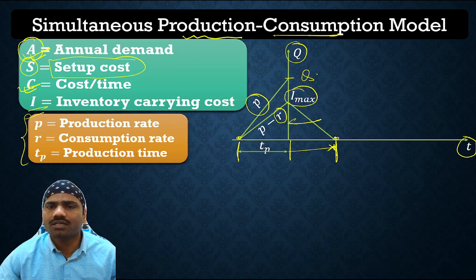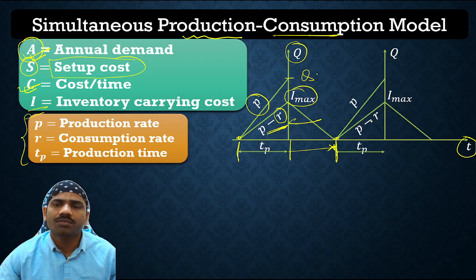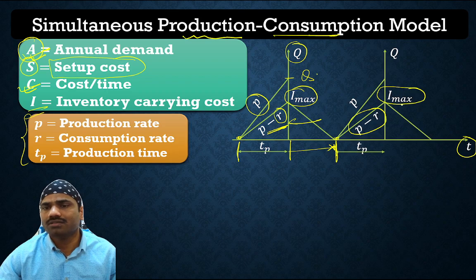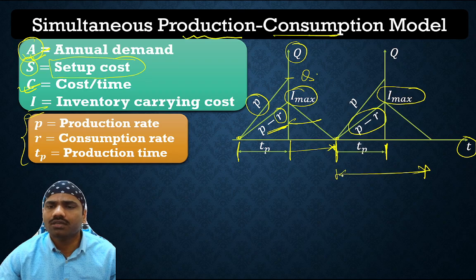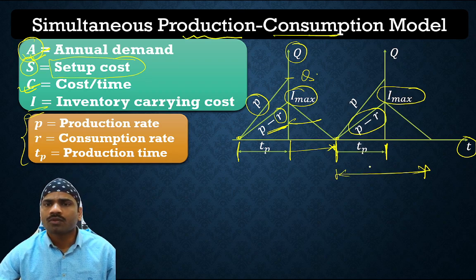Again we have regular consumption, so inventory builds at the rate of P minus R, and the maximum inventory stored is I max. Again we have a production time, we produce the quantity, and the same cycle repeats periodically.